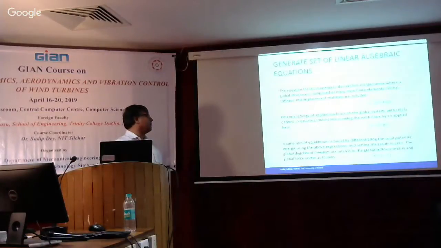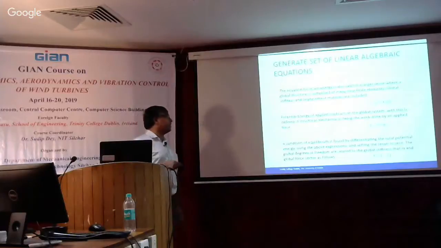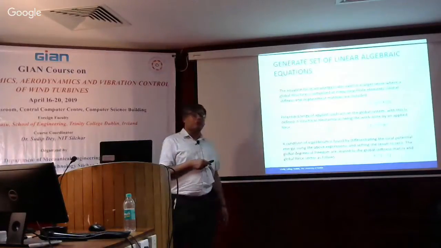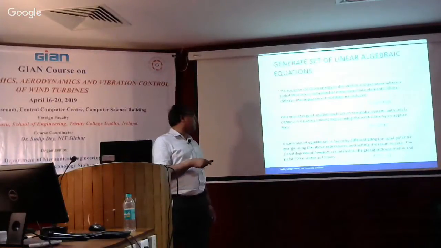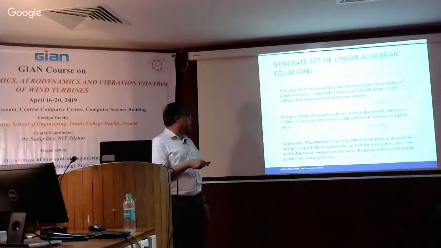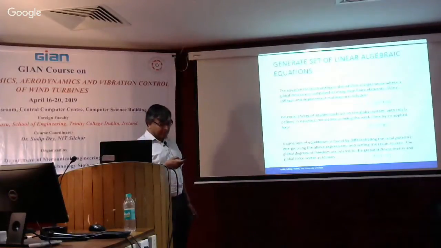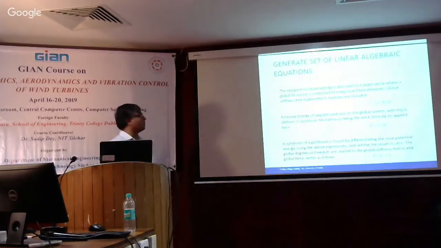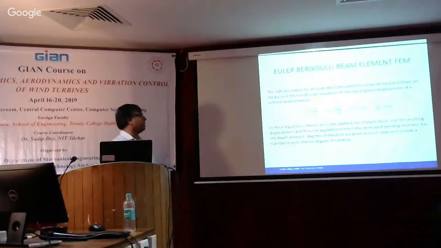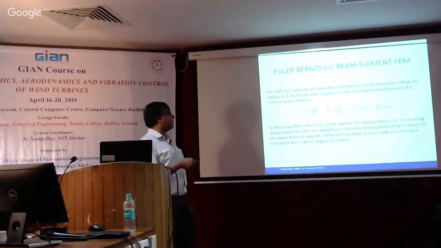Then eventually we take the local stiffness matrices and connect them to the global one, and then form the equations which we solve in terms of K times u equal to F, and that gives you the static solution generally. In the dynamic case, obviously, you also have to consider inertia.